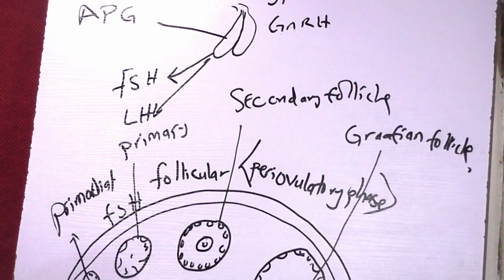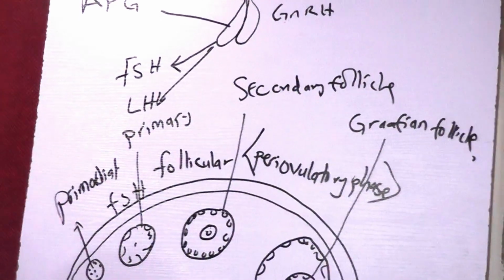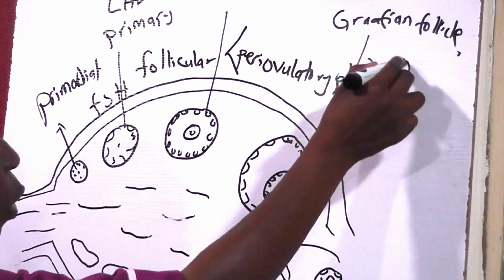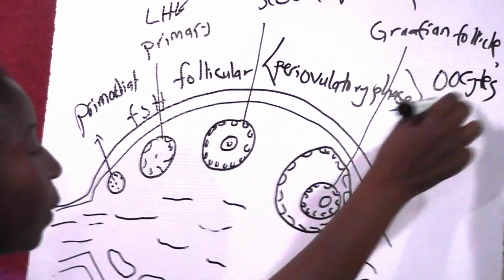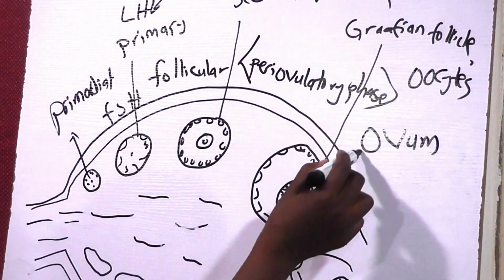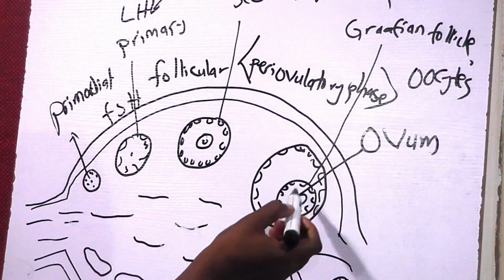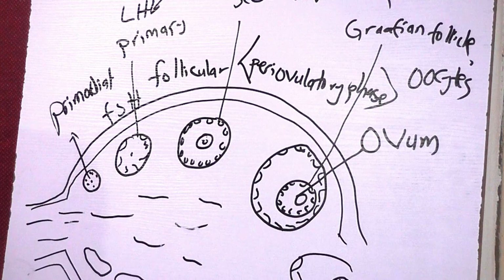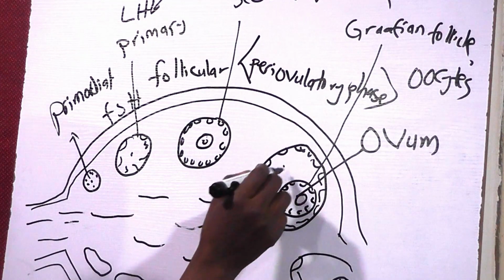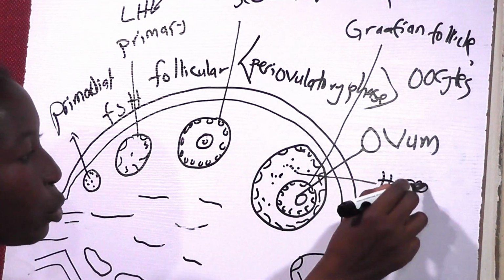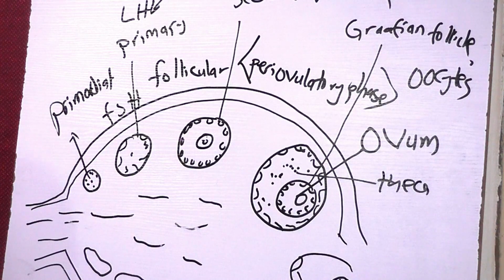Now, looking at the matured follicle, it contains a matured egg. It contains an egg which we call the oocyte or ovum. The follicles also contain some cells known as the Theca cells and other supporting cells. Now these Theca cells are responsible for the production of estrogen and progesterone.